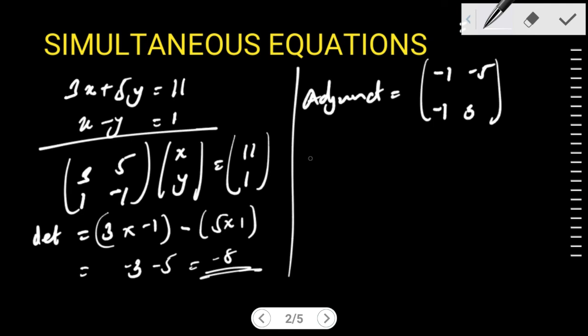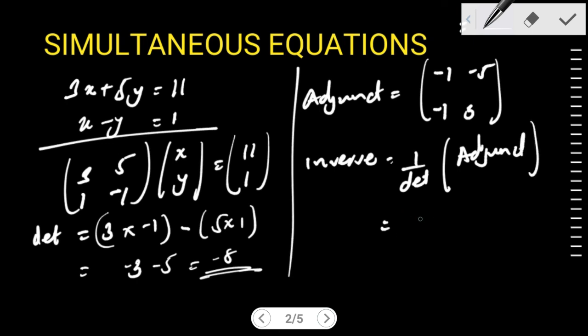So having got that, then the inverse would be equal to 1 over the determinant, which would be negative 8, into the adjunct: negative 1, negative 1, negative 5, and I'm having here a 3.